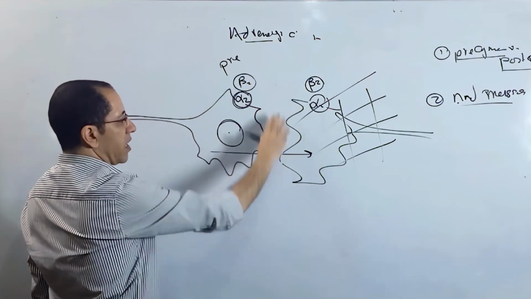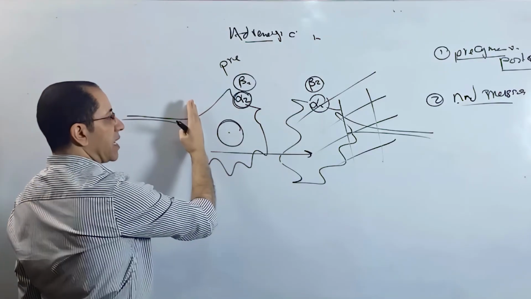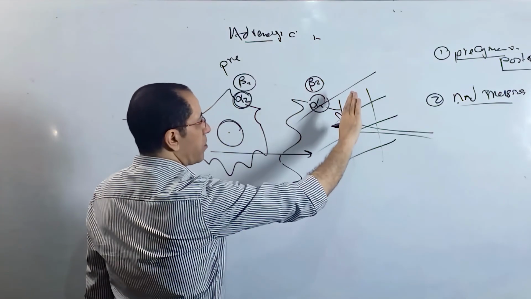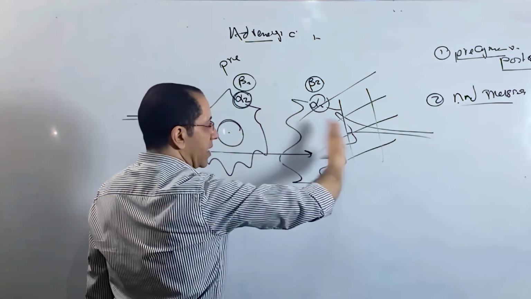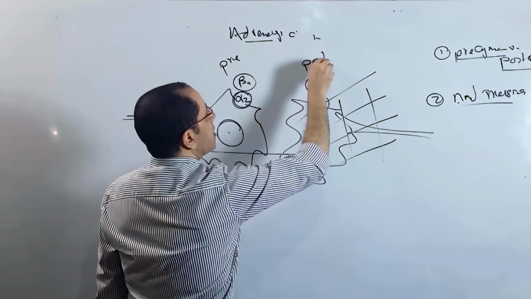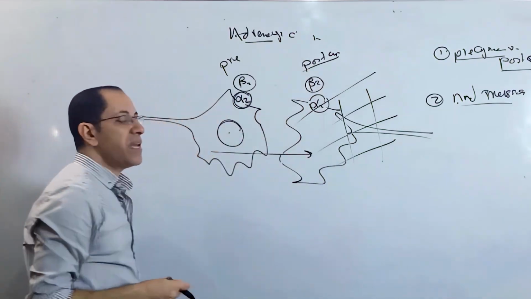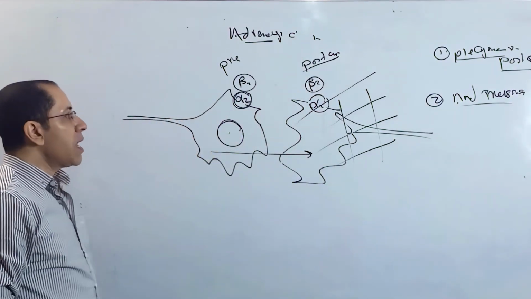Pre, because this space is called the synapse and it's located before, so it's presynaptic. On the same principle, the other receptors present on the cell or this tissue are called postsynaptic.